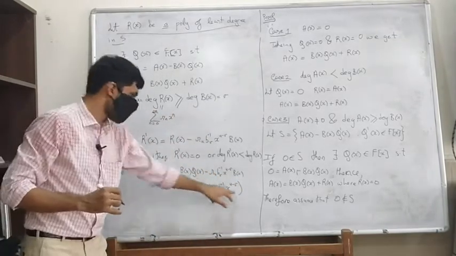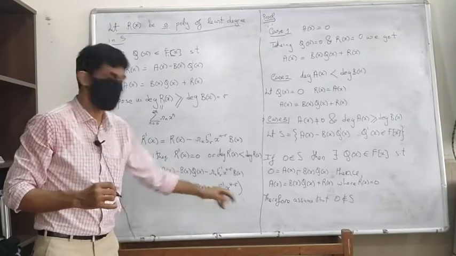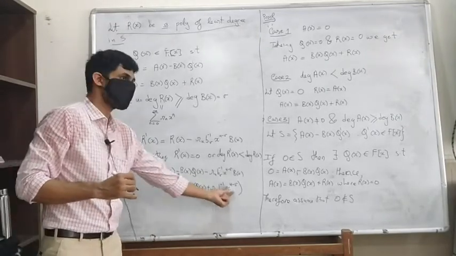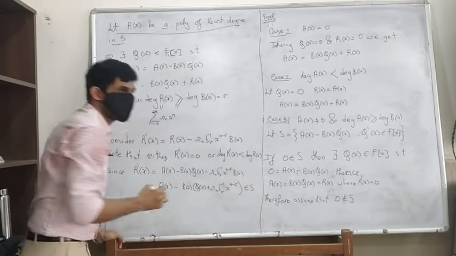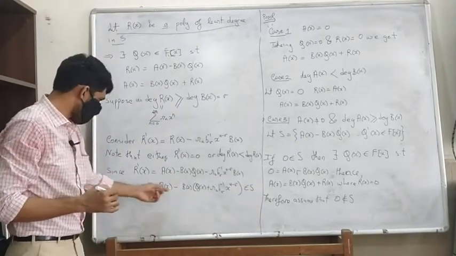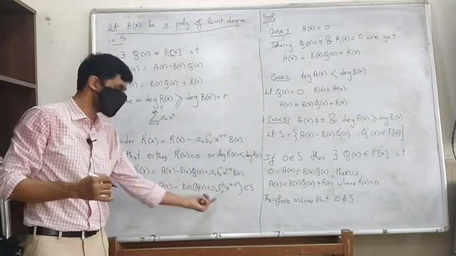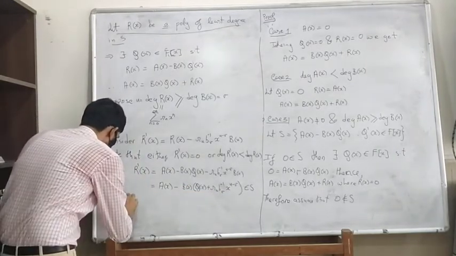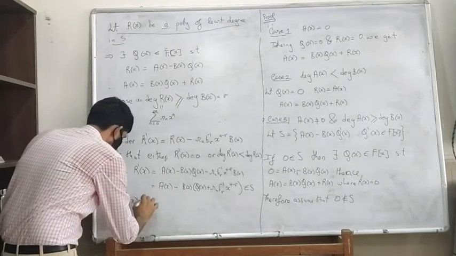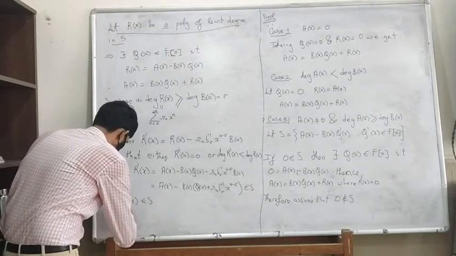Okay, this is some q prime, right? This is a minus b times something, some polynomial, so therefore this belongs to S. So therefore r prime of x will belong to S, which is a contradiction.